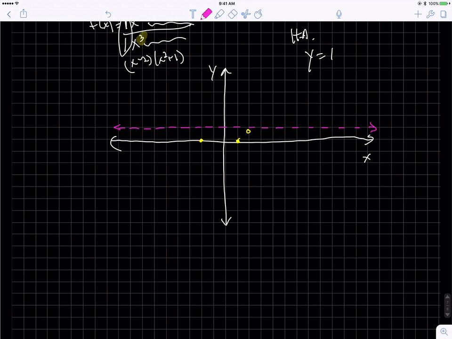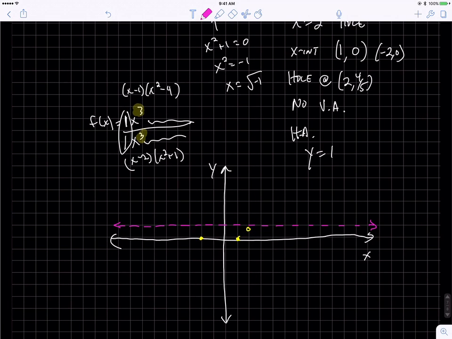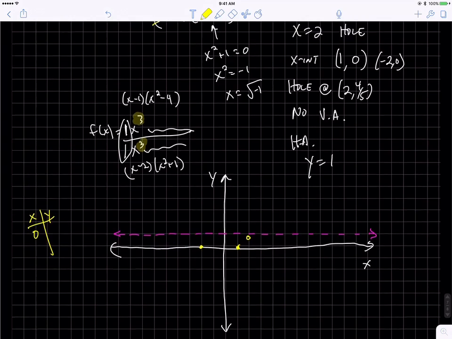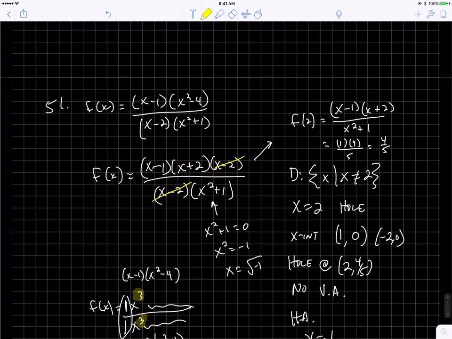So now I need to just start picking some x values and getting y values. So I'm going to say x and y. I'll try 0 for x. Which version of the function will I use?